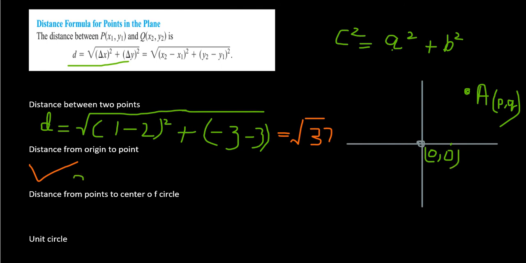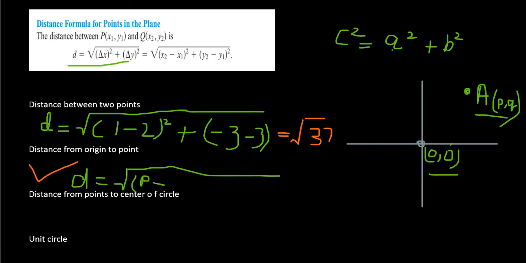Similarly, by using the same formation of distance formula, I am taking this as x2 and y2, and this will be our x1 and y1.